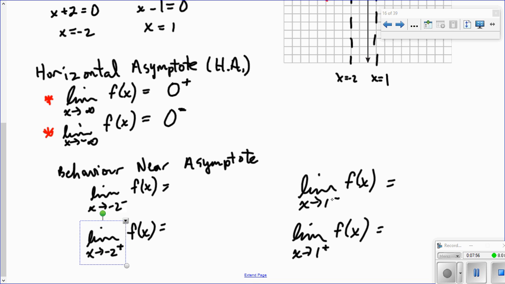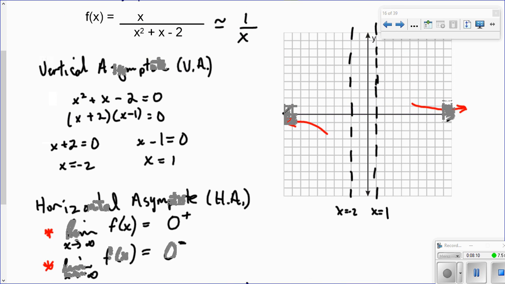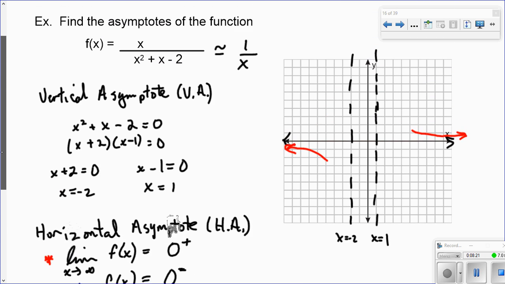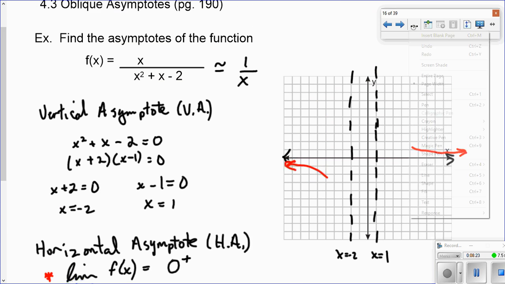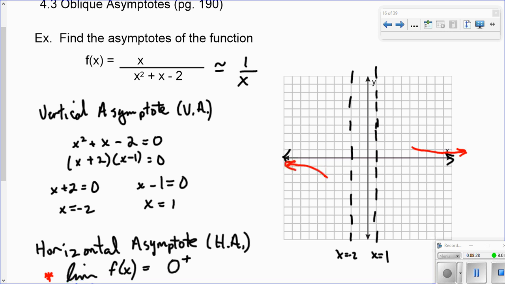Over here I'd put in something really close to 1 from the left-hand side, like 0.99, and 1.001 on this side. Either way, I'm going to get this behavior. So I can put it in my original function, or in my working function here. But I want to be careful of the signs. Either way you get this, it doesn't take you guys very long to realize that the resulting function is going to look like this.